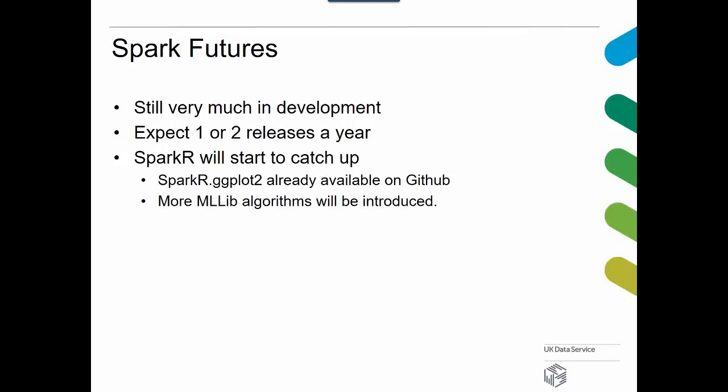At the moment, there is something called SparkR ggplot2, which you can download on GitHub if you're familiar with GitHub, and one would imagine that eventually that will find its way into the mainstream SparkR libraries. And also, I pointed out that the GLM that I showed working a minute ago is effectively the only statistical analysis you can do in SparkR at the moment.